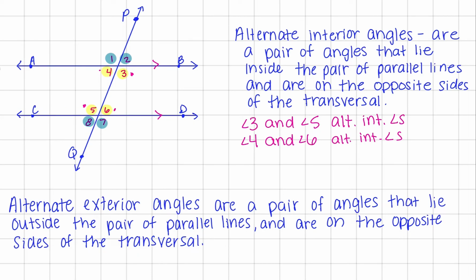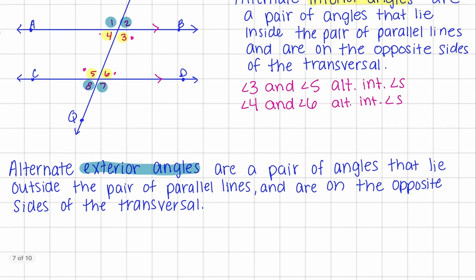Now, I'm going to highlight. Let's look at the exterior angles. Okay? So alternate exterior angles are a pair of angles that lie outside the pair of parallel lines. Okay? So they are outside the parallel lines and on opposite sides of the transversal.